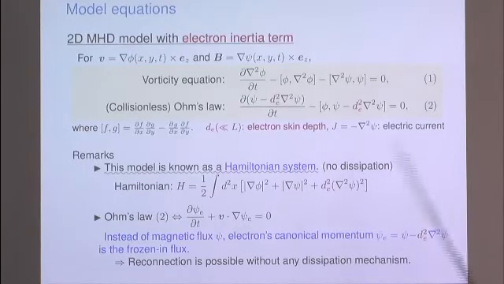Therefore, instead of the magnetic flux psi, the electron's canonical momentum is frozen in the flux. By including the electron inertia term, the topological invariance is slightly modified by this singular perturbation term. Due to this modification of topological invariance, the reconnection is possible without any dissipation mechanism.